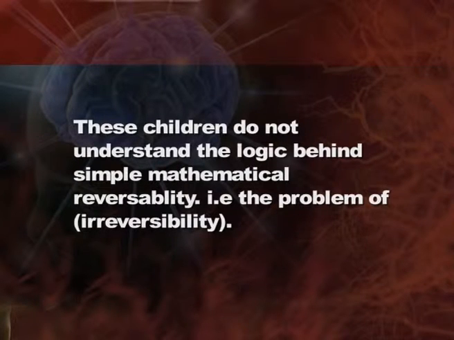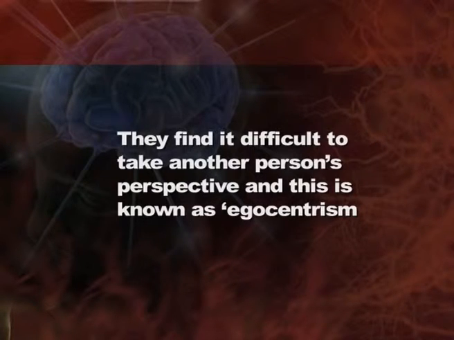These children do not understand the logic behind simple mathematical reversibility, that is, the problem of irreversibility. They find it difficult to take another person's perspective, and this is also known as egocentrism.